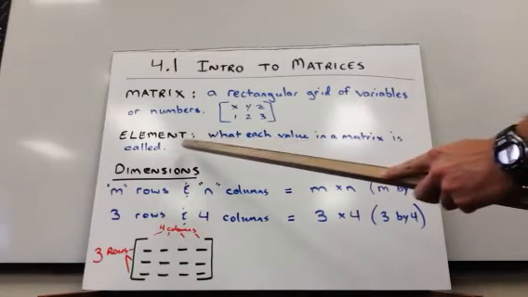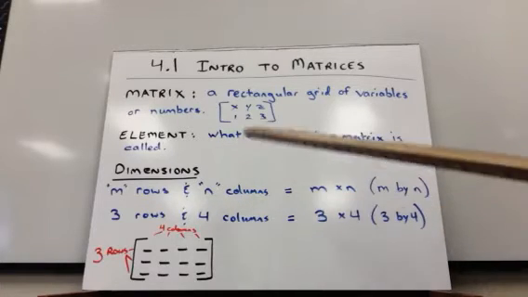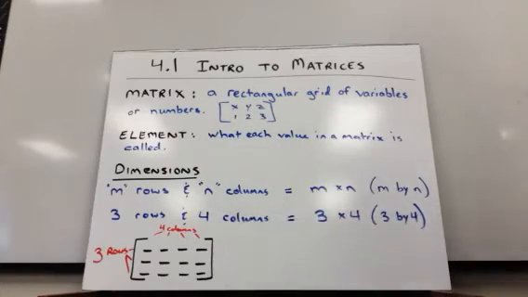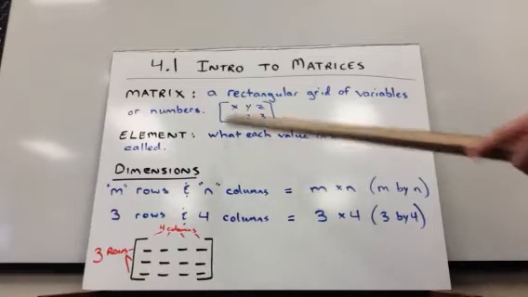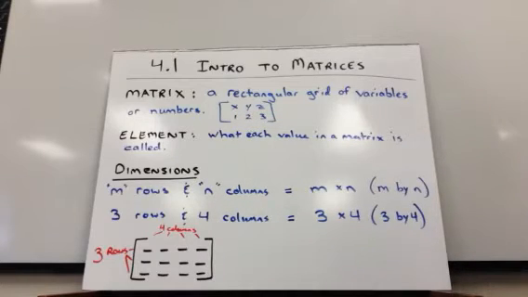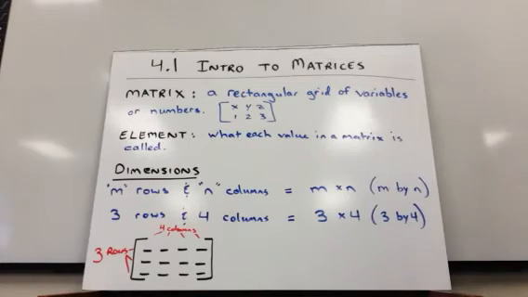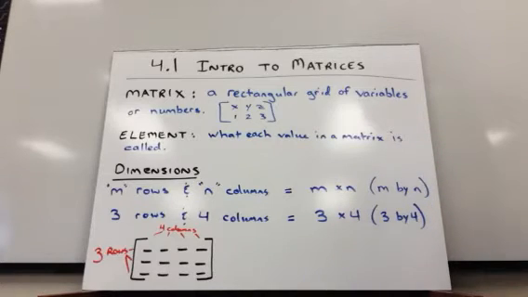Next, an element. What each value in a matrix is called. So the element in the first location for the matrix above is just the x. The element down here is the 2. And we'll talk about how to identify these elements here in a little bit. So probably the most important, fundamental, basic idea of a matrix is its dimensions.